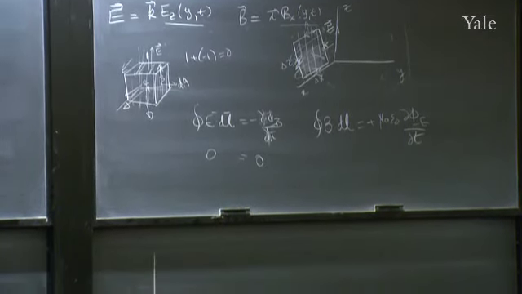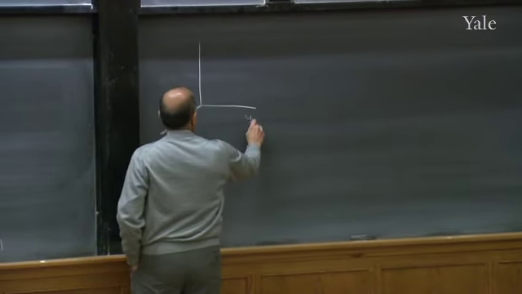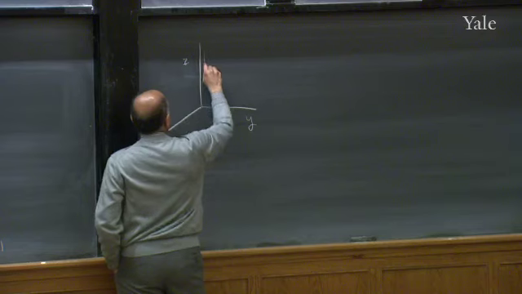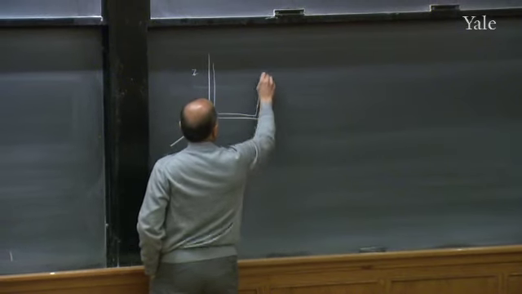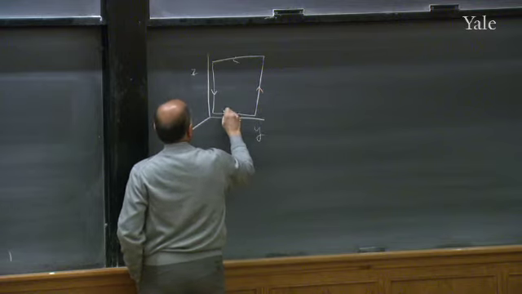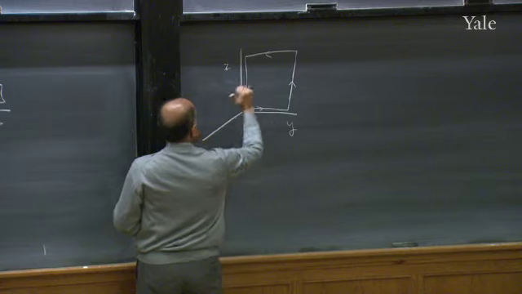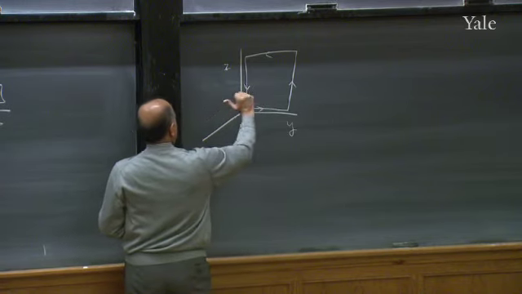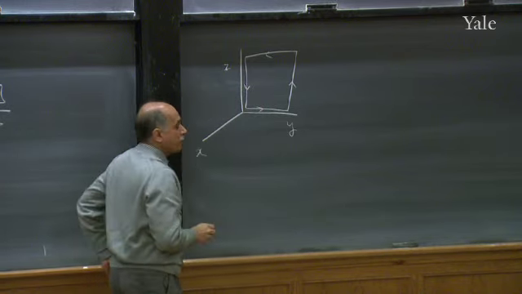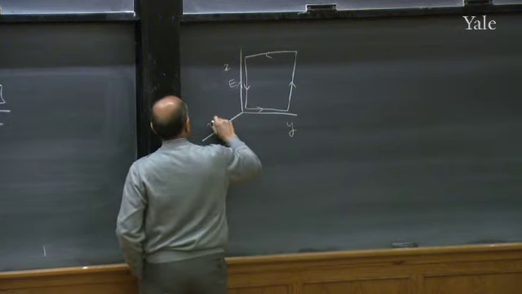So this is x, y, z. So let's take a loop that looks like this. I've chosen it so that with the right-hand rule, the area vector is perpendicular and coming out along the x-axis. I remind you once again, E looks like that, and B looks like this.